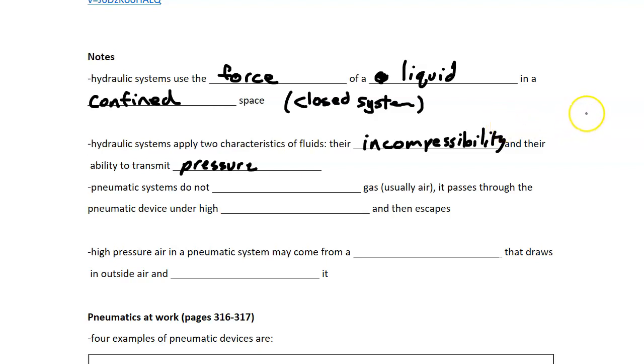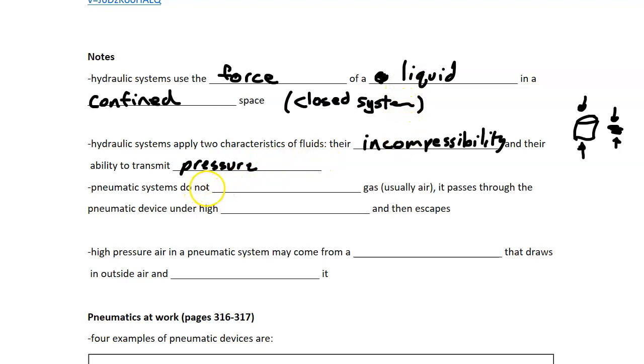If you've ever tried to stand on a full pop can, you'll find that it's able to take that compression very well, simply because the liquid inside is not compressible at all. If you had an empty pop can and you stood on it, it would probably squish very easily. So that's the incompressibility of the liquid inside.